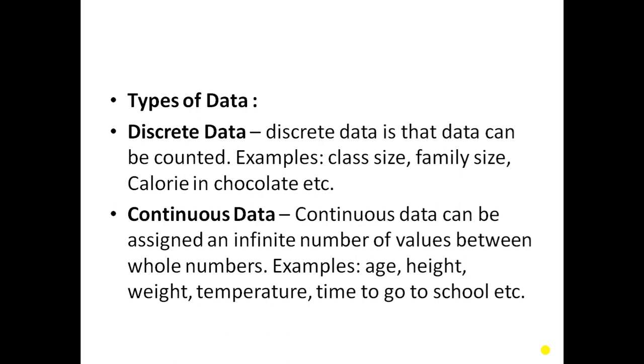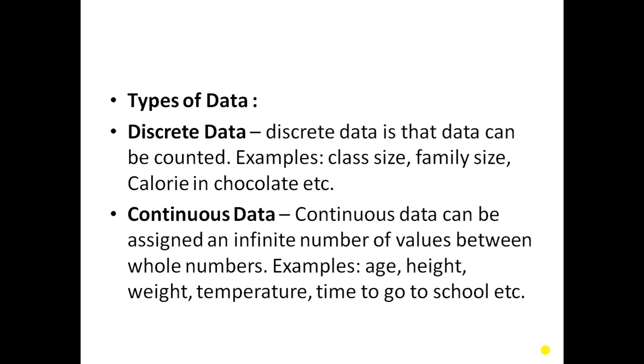Now, before going into the detail of this control chart, we must understand what the types of data are and which types of data we come across during the process operation. Some data occur continuously, so you will get a continuous value between numbers. It is called continuous data, which can be assigned an infinite number of values between whole numbers.